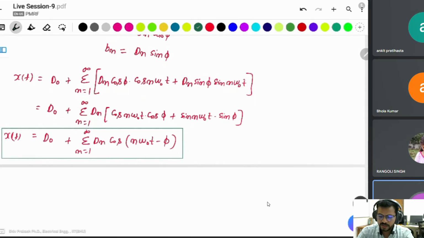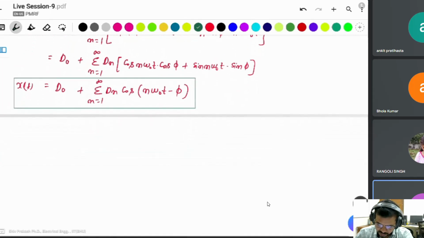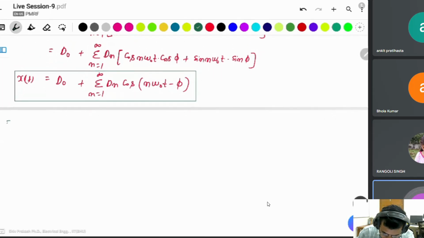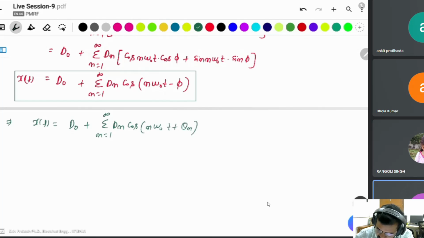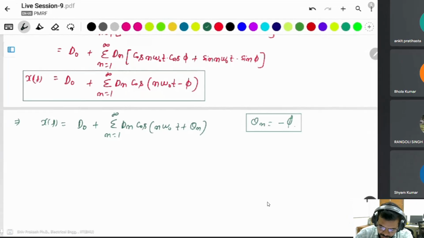Here the only variable is dn. The coefficient is dn only. If we replace phi with theta, we get d naught plus summation of n equal to 1 to infinity dn cos of n omega naught t plus theta n, where theta n will be represented as minus phi.